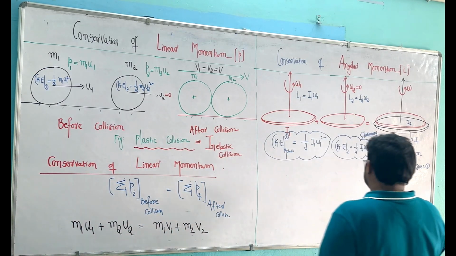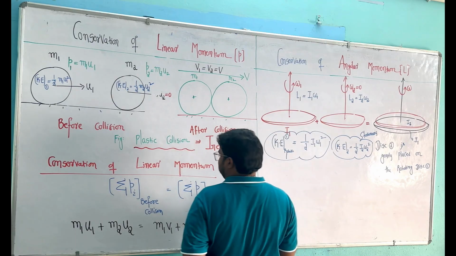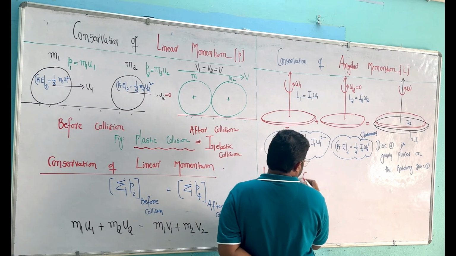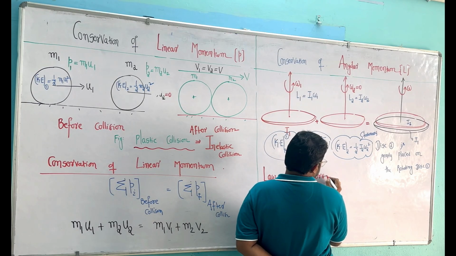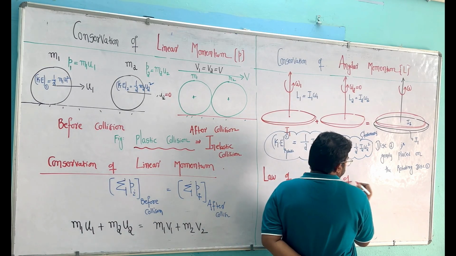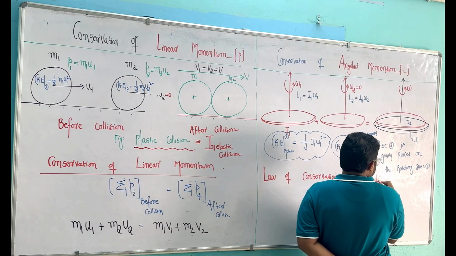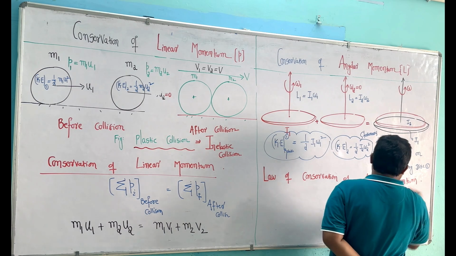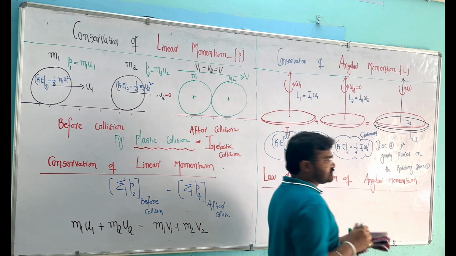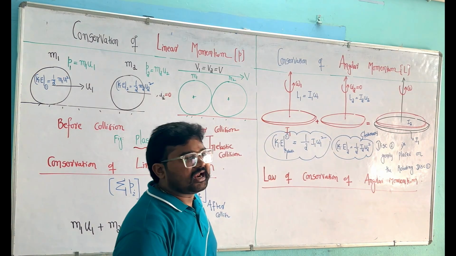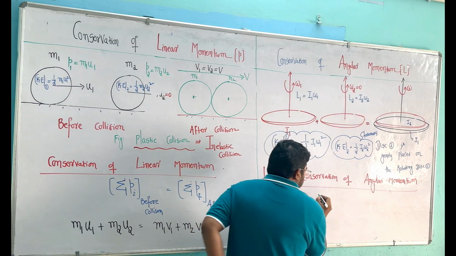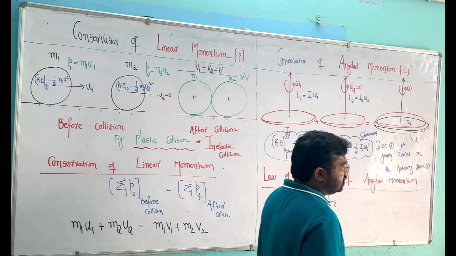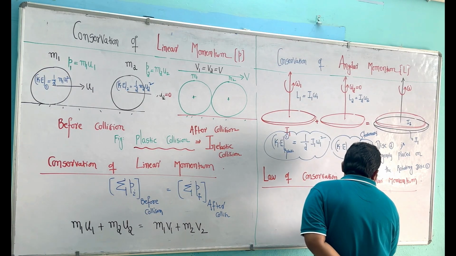What is the law of conservation of angular momentum? Law of conservation of angular momentum: algebraic sum of all the angular momenta initial equals how much?